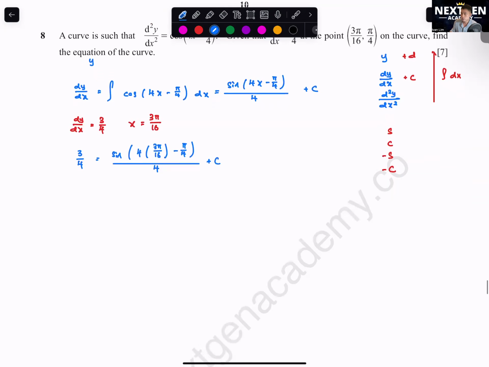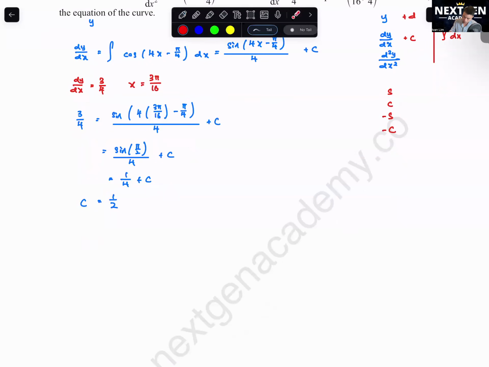Slowly simplify the entire thing. So you get sine pi over 2 over 4 plus c. This will be 1 over 4 plus c. Rearrange the entire thing. You get c equals to 1 over 2.